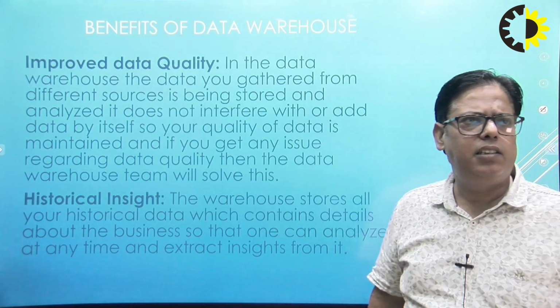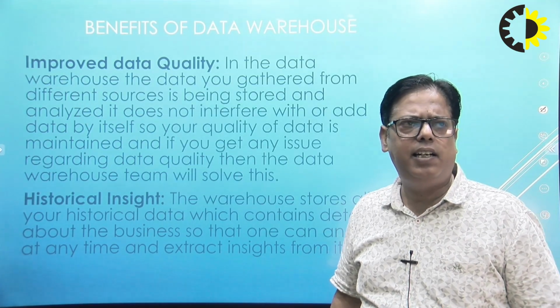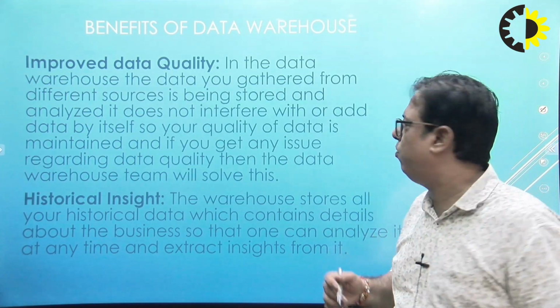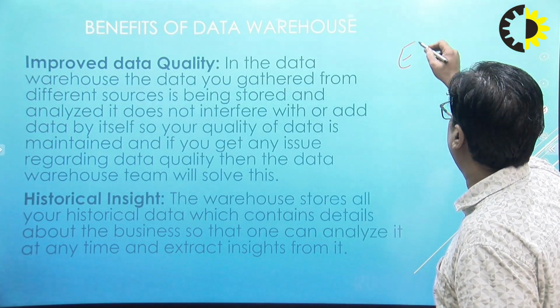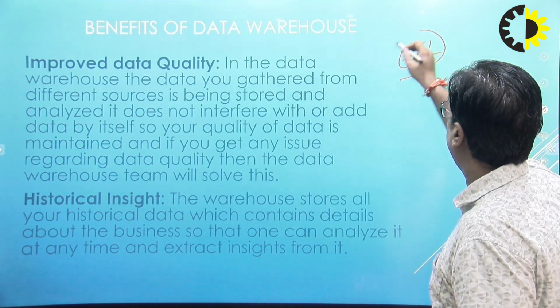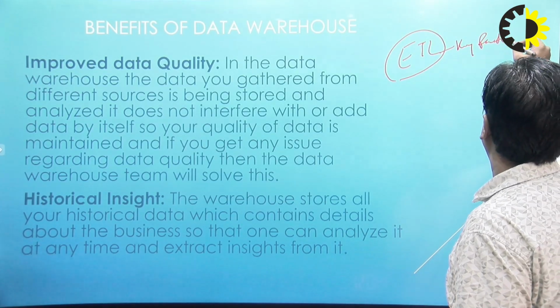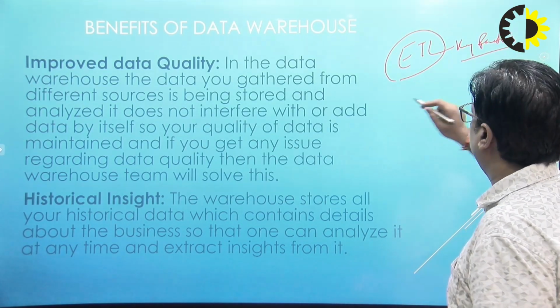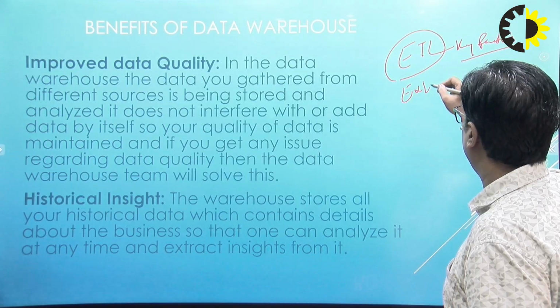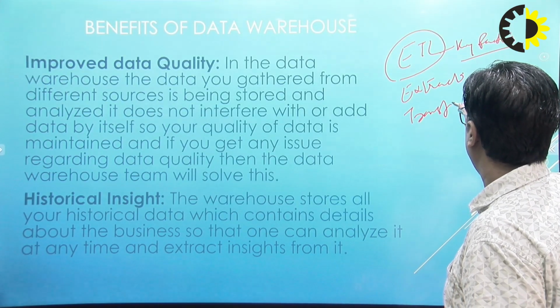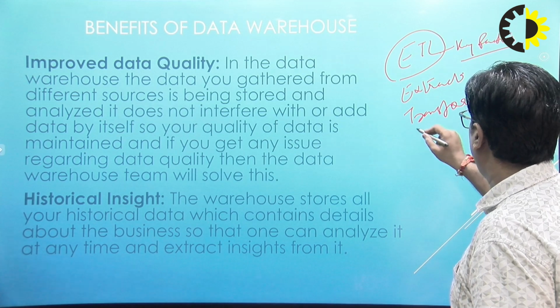Now next is improved data quality. In the data warehouse, the data is gathered from different sources and we perform the ETL process. This is the main key factor in a data warehouse. E is extract, T is transform and L is load.